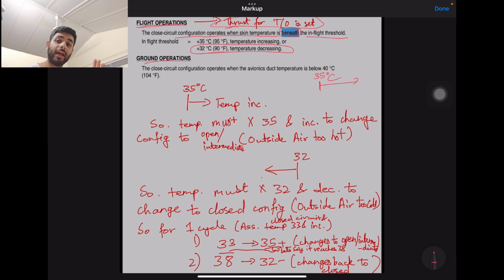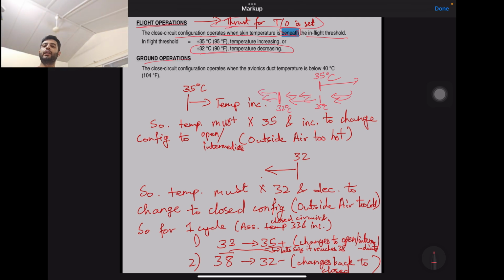Now, when the temperature comes back down and reaches 35 degrees Celsius, it will still not close that flap. It will say, okay, you have cooled down, but we will still maintain that flap open because we want it cooler. So it will keep on cooling down and reach 32 degrees Celsius, and keep on cooling down after that also.